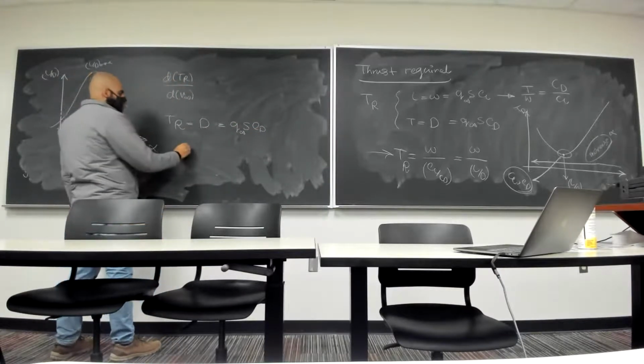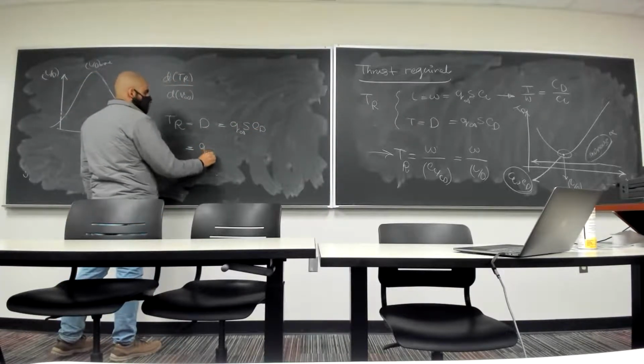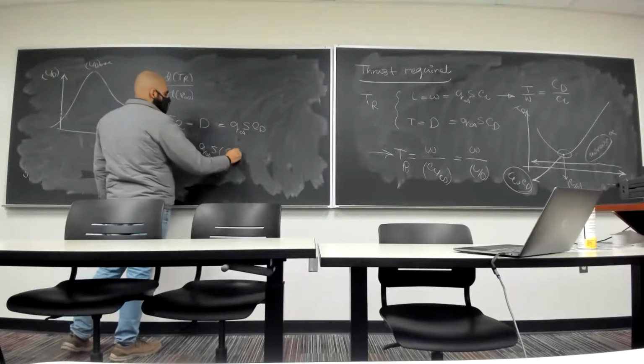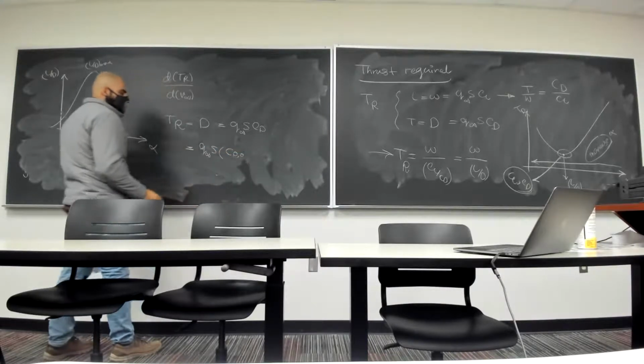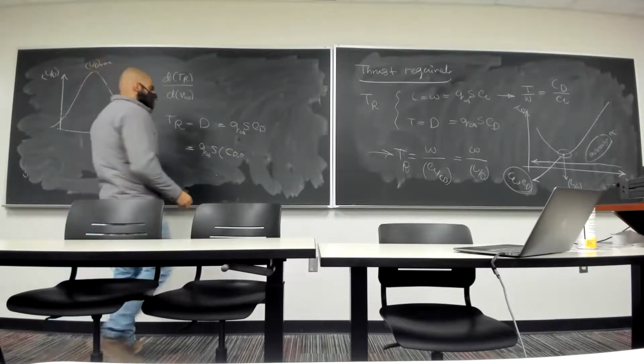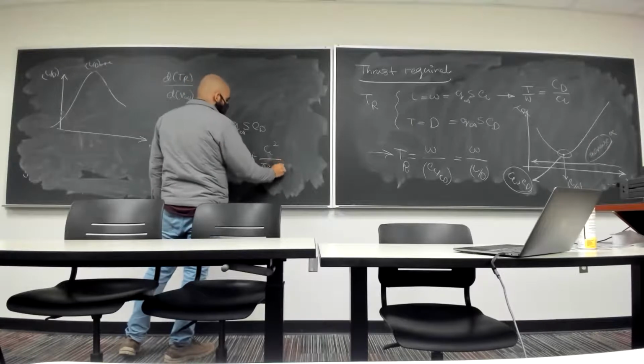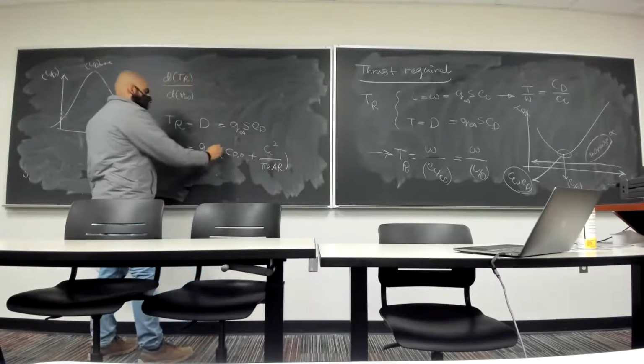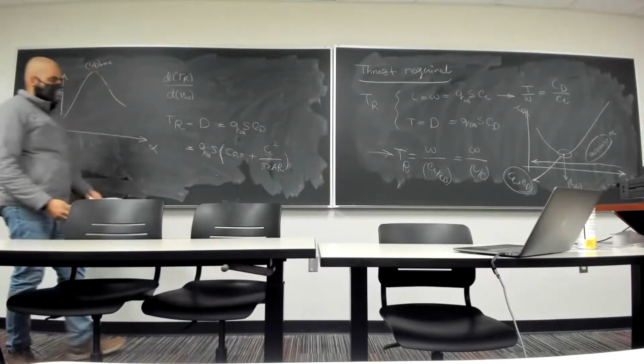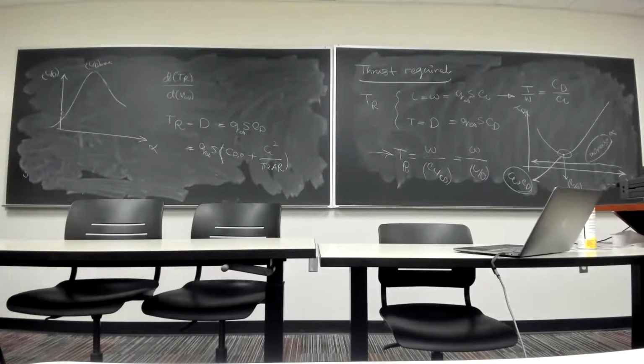If you recall from the previous lectures, CD has a parasitic component and an induced component. This is something that we have seen. We have seen it for an airfoil, for a wing, essentially, and we have seen this for the whole aircraft. Okay.